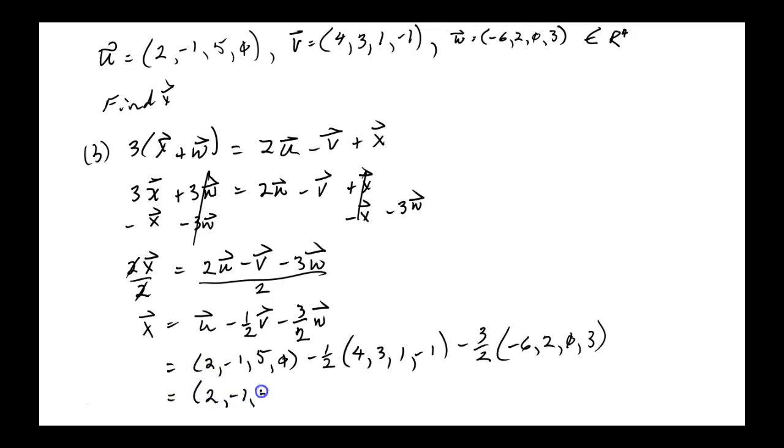2, -1, 5, 0. Now, I'm going to make this a plus because to me it's easier to add. Plus, I'm going to take the minus inside here. And what would that be? Half of 4. But I'm going to take the minus into it, so it'd be -2. Half of 3 is -3/2, because you take the minus in with that.